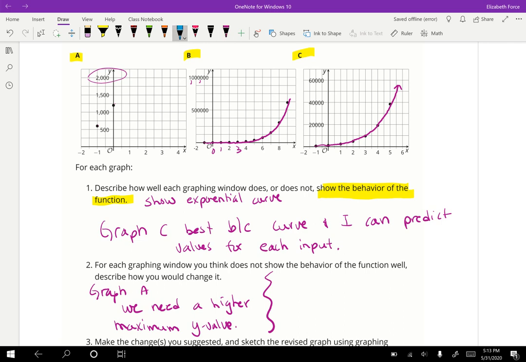Now for graph B, I would definitely scale down the y-axis and lower the max value.